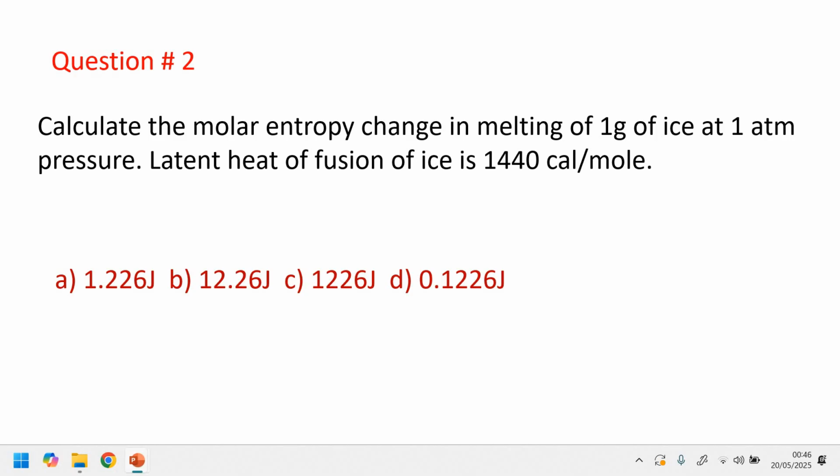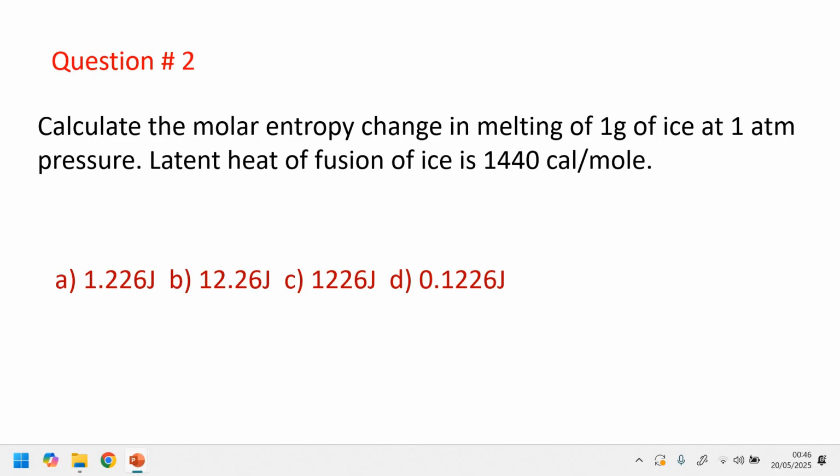The options are option A 1.226 joules, option B 12.26 joules, option C 1226 joules and option D 0.1226 joules. Now we have to solve this problem.